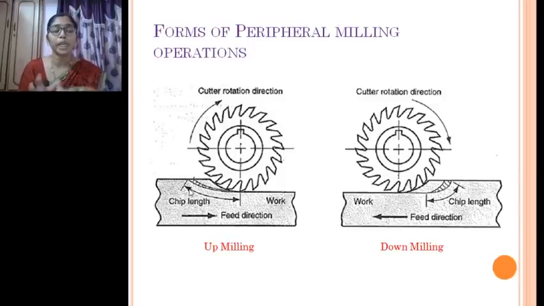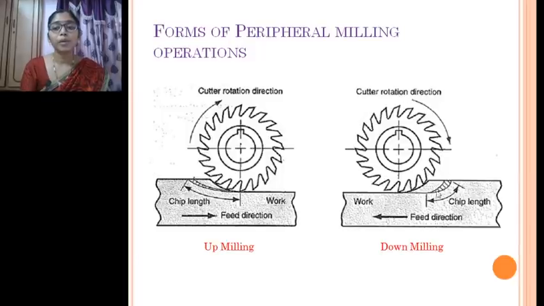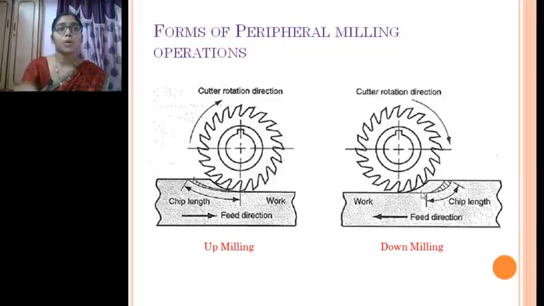We have to take more care on the fixing in up milling, whereas in a down milling operation, you can see the feed direction is in this direction and the tool is also coming in this direction, so the force which is acting on the workpiece will be holding it.